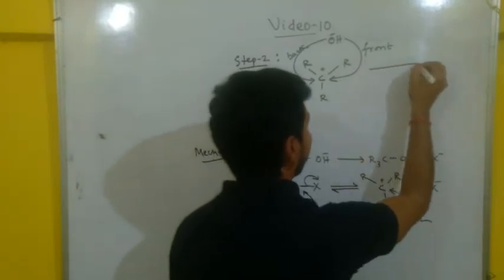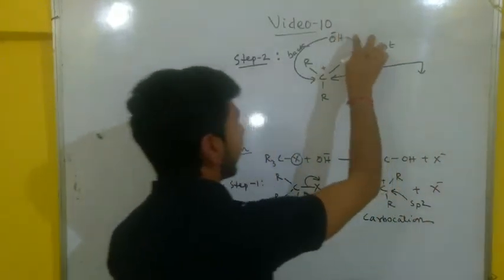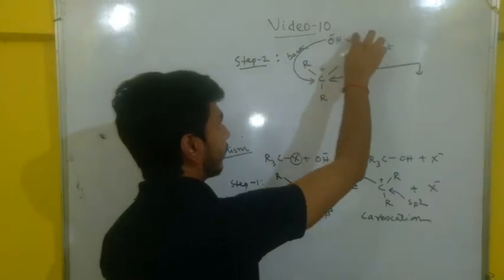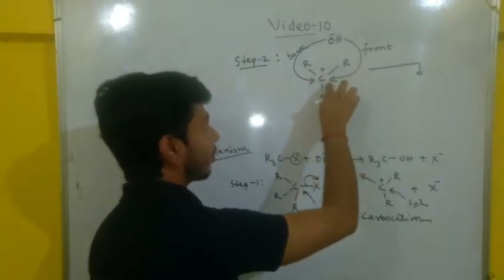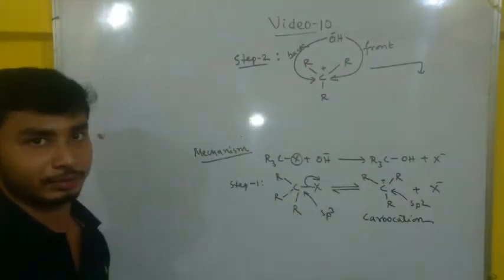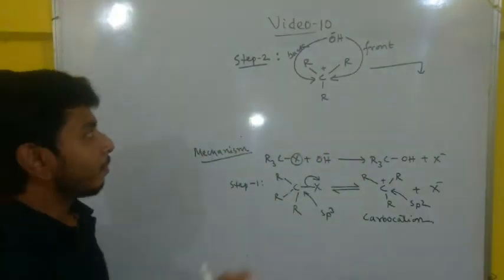When the nucleophile attacks from the front side, what will be the product? When this nucleophile approaches along the front side, the three alkyl groups will move to the back side. Got the point?